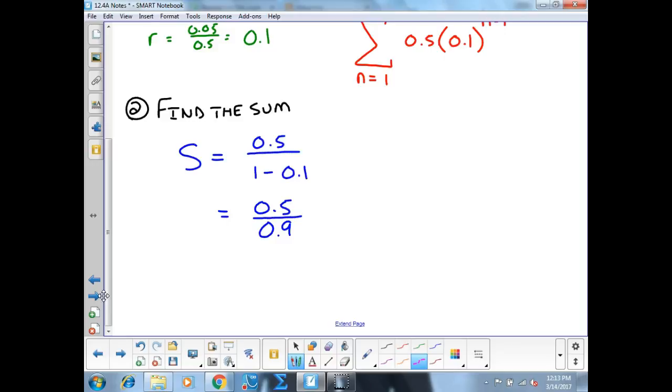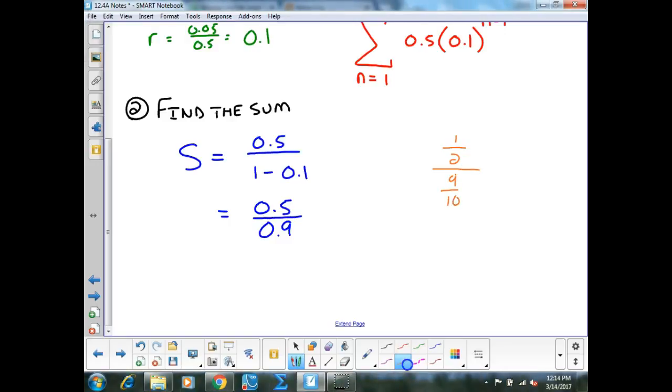I want a fraction. Okay, that would be one way of doing it. We could do this as 1/2 divided by 9/10. Then what do we do? Flip the bottom and multiply. So then that's going to be 1/2 times 10 over 9, right? Which is what? 5/9.